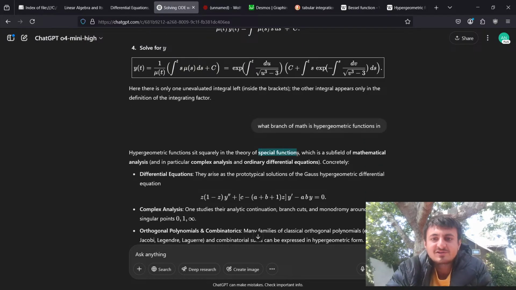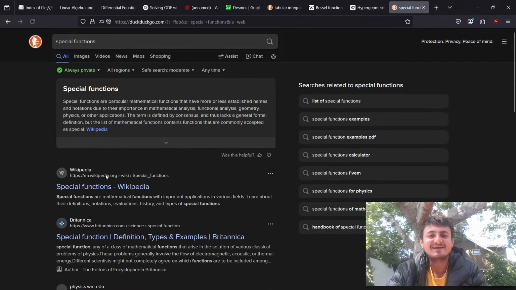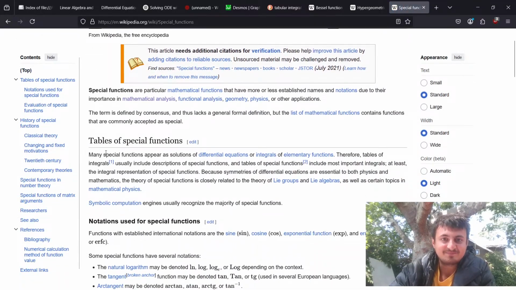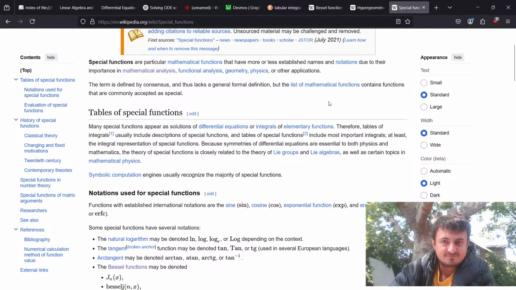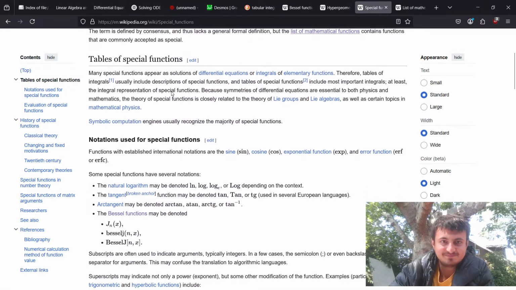The theory of special functions, dude. Yeah, see these people that like special functions, I bet it's like how I like integer sequences. The list of functions.